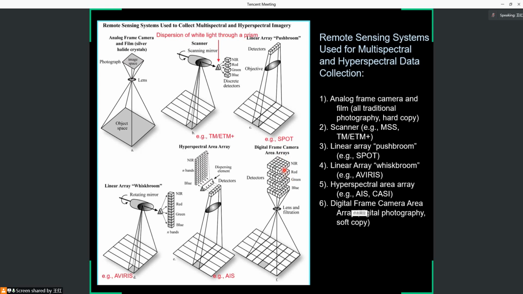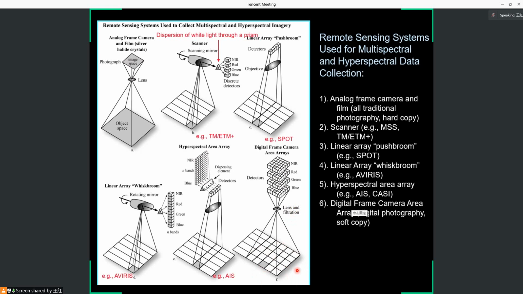It can also record different bands. But using different detectors, maybe here, with the detectors you can get the four bands. Yes, this lens and the filtration, then you get the information from the object.